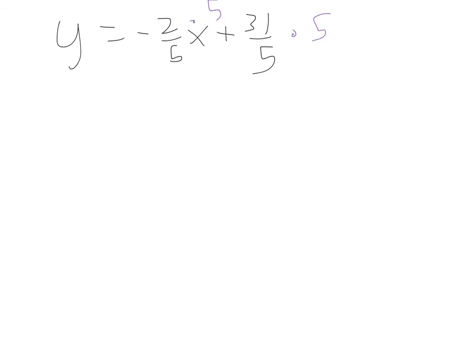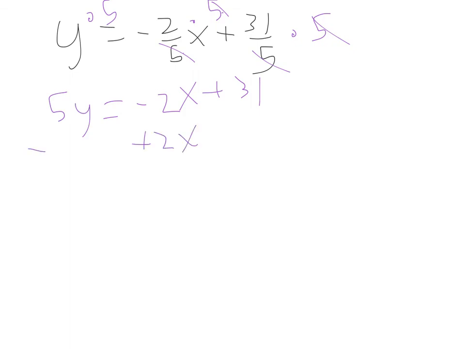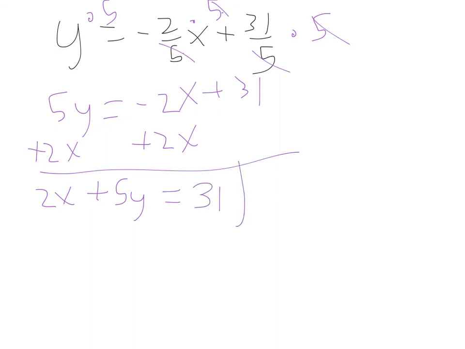So if we multiply everything by 5, those 5's will cancel out on the right hand side, so you just have minus 2x plus 31, and then you have y times 5, or 5y. Now if you add 2x to both sides, you'd have 2x plus 5y equals 31.